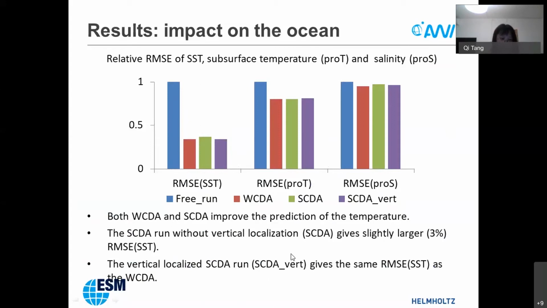The strongly coupled run without vertical localization gives slightly larger RMSE for SST than the weakly coupled data assimilation run, and the strongly coupled data assimilation with vertical localization gives the same RMSE as the weakly coupled data assimilation run.